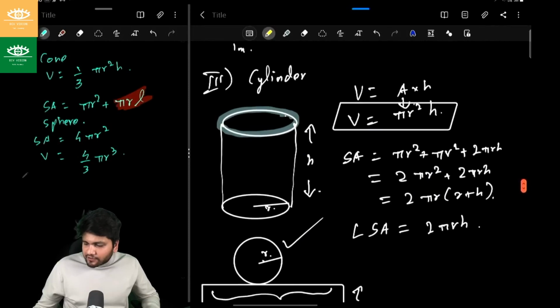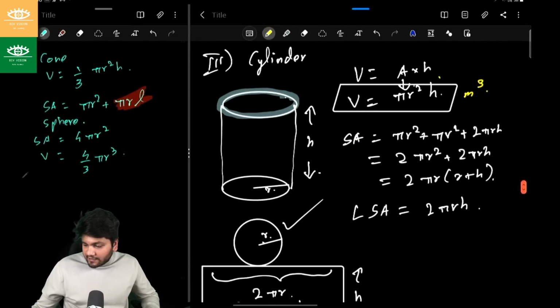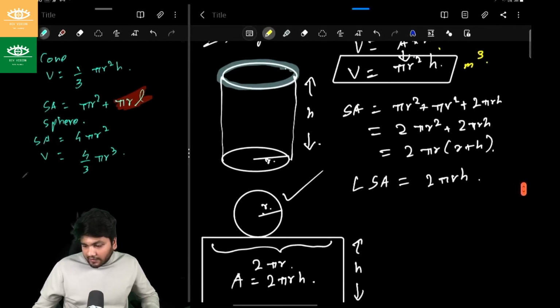Similarly for cylinder, volume is meter square into h, that's why it will give me meter cube. If you talk about surface area, as I told you, don't use this formula, use the above formula. Here it's meter square, and 2 pi r h is also meter square, so at the end my answer is in meter square.